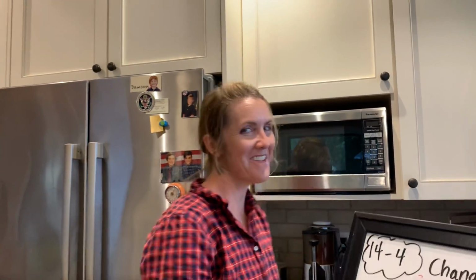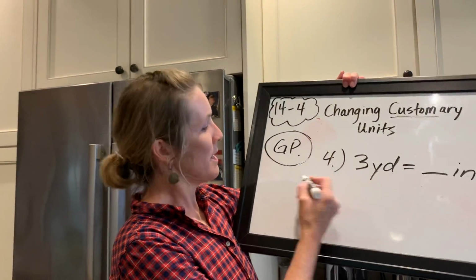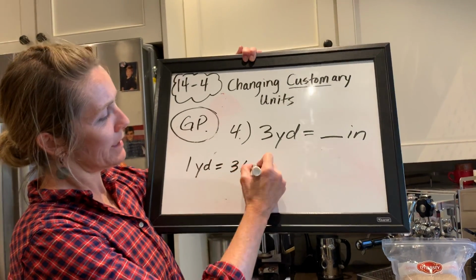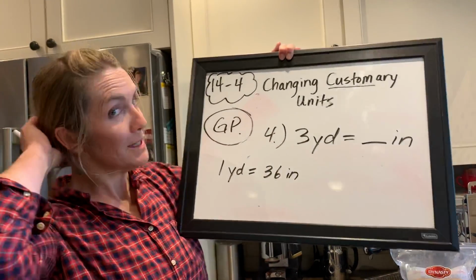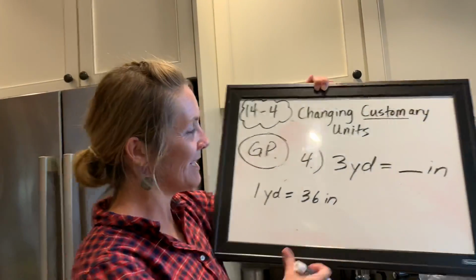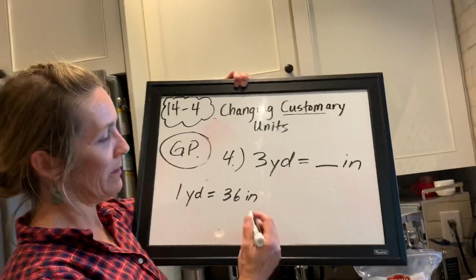Ooh, this is a fun one. So write yourself a little conversion so you can say in 1 yard equals 36 inches. Basically, it's 3 feet and a foot is 12 inches. So you kind of have to do these things. So now we have to do what sort of function here?